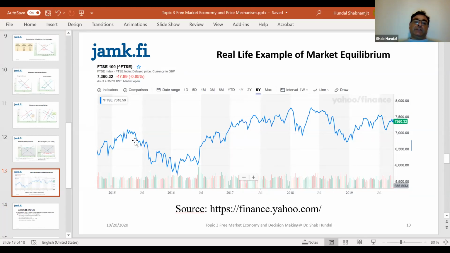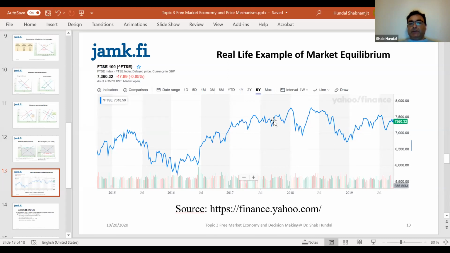And you can see that the stock prices went really bad in 2016, then 2017 recovery. And since 2017, there are some heads and shoulders, but overall, apart from some minor hiccups, the British economy has been fairly stable.